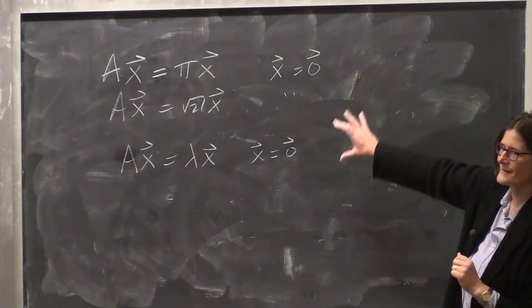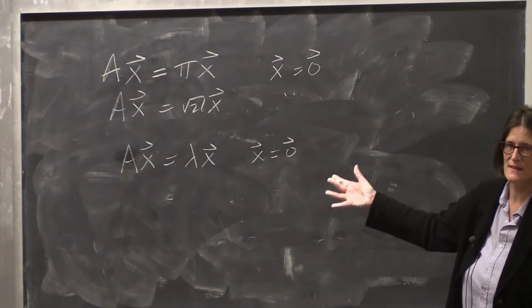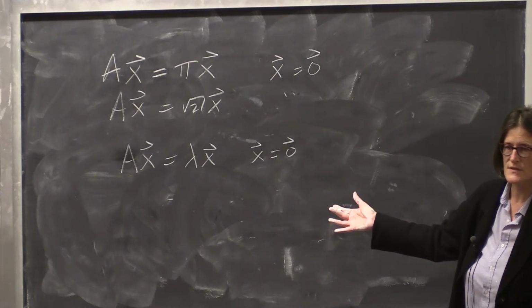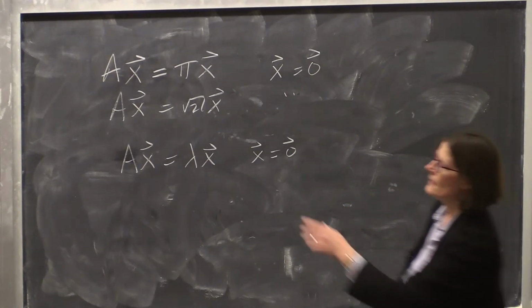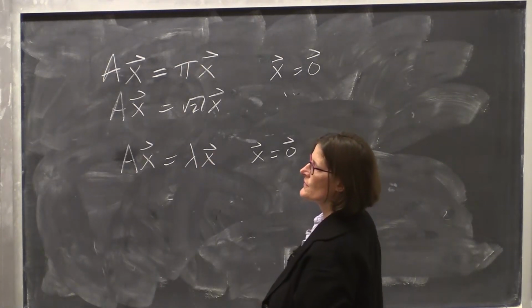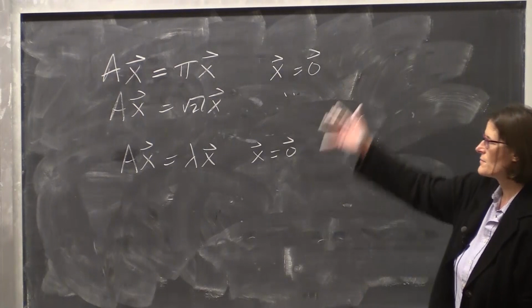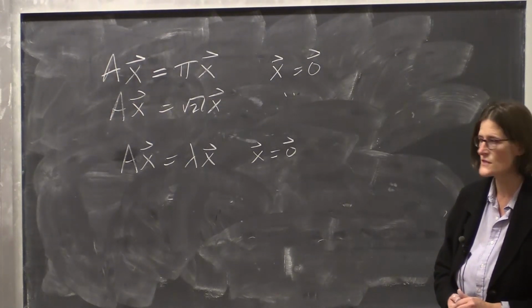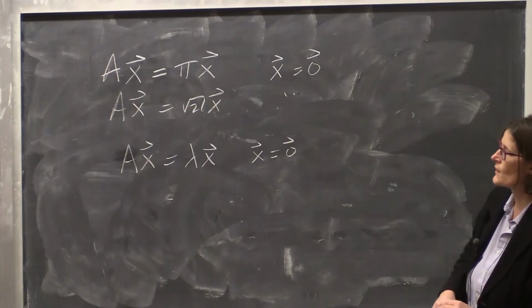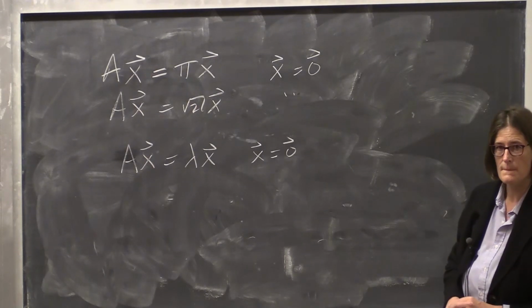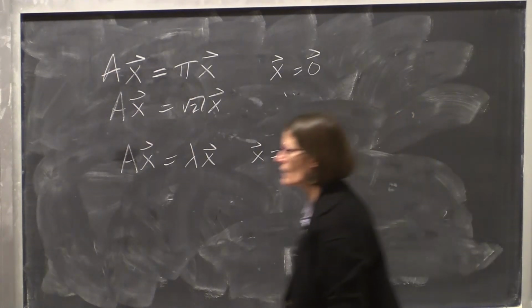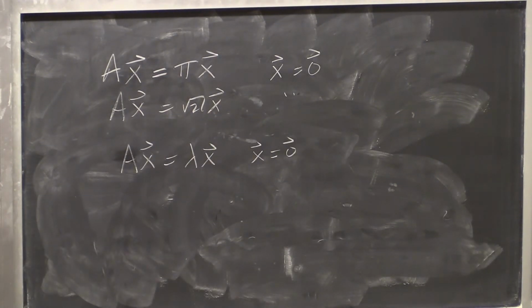You knew I didn't mean a zero vector. The zero vector is too easy. If you allowed the zero vector to be an eigenvector, then any number is an eigenvalue. There's nothing special about 1 and minus 1 for that matrix. So we do not allow the zero vector to be an eigenvector.